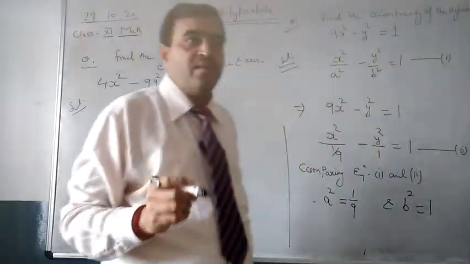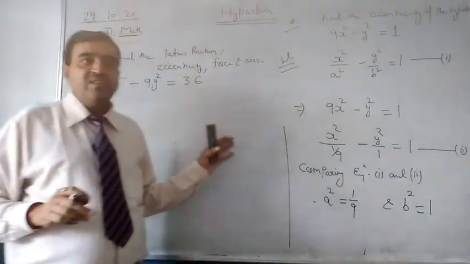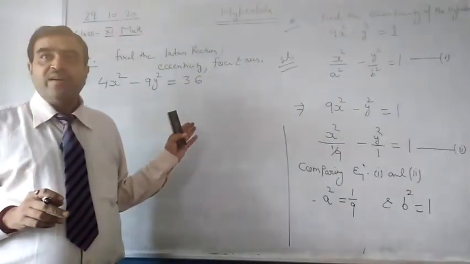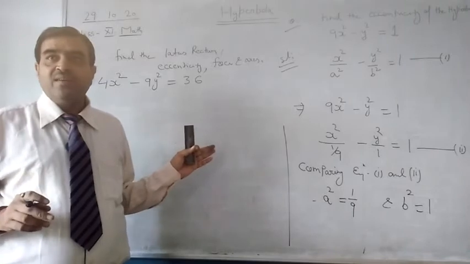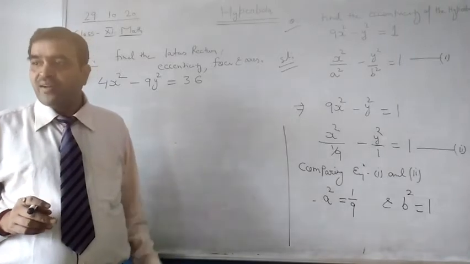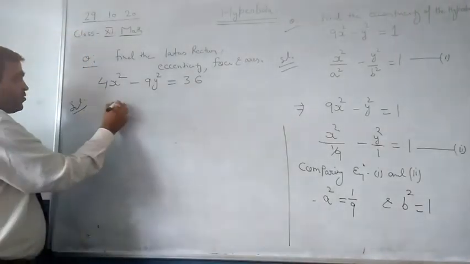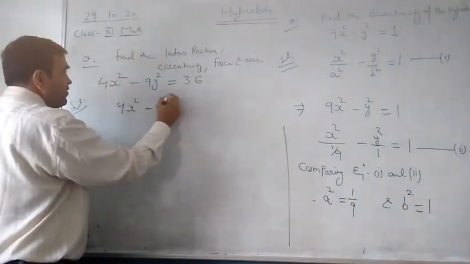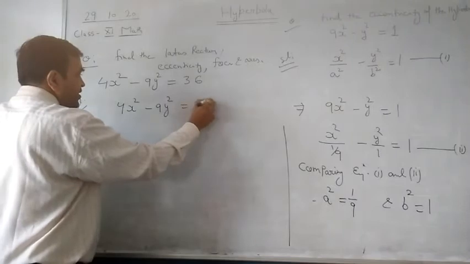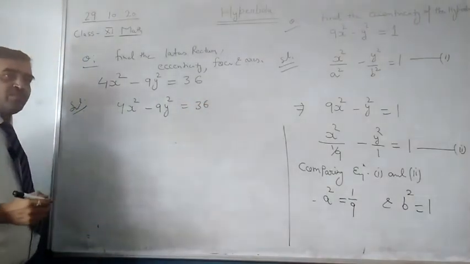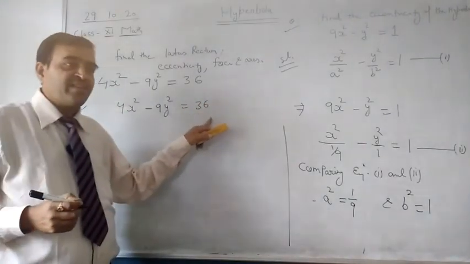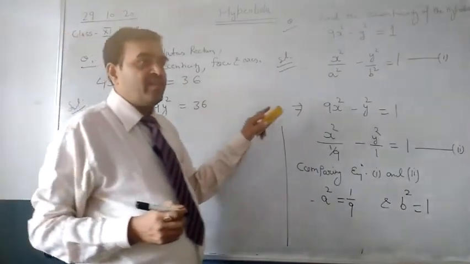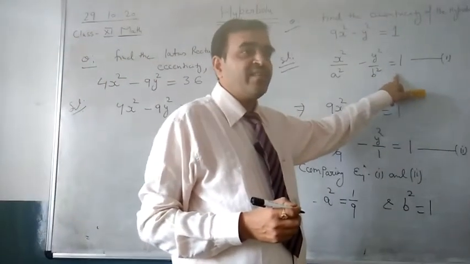Okay, first of all we arrange it in a proper way like the equation of a hyperbola. So 4x square minus 9y square is equal to 36. Dividing both sides by 36, because we need 1 on the right hand side.